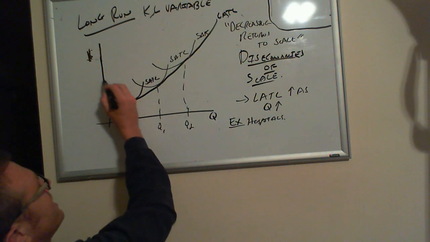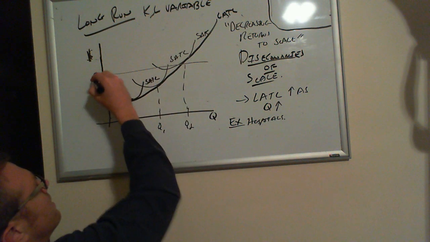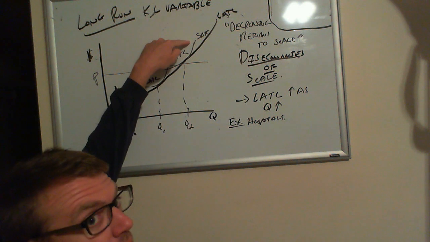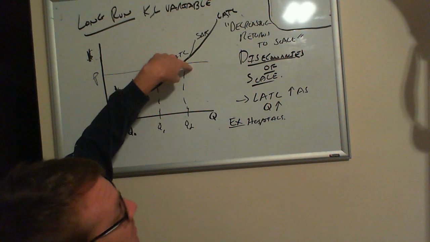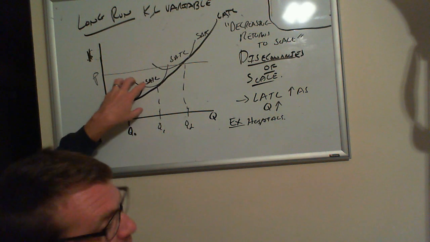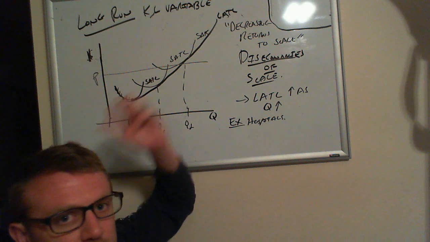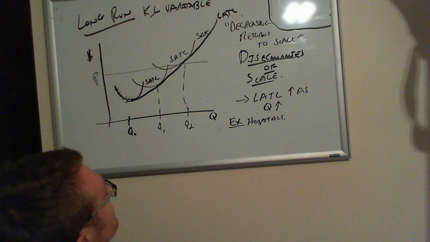So if we had a price in here, if we had a big firm, they would be making a loss, right? Their unit cost would be above the price. Instead, we want to be a small firm, keep our costs low, and make profits. And so maybe hospitals are non-profits, but you get the idea.